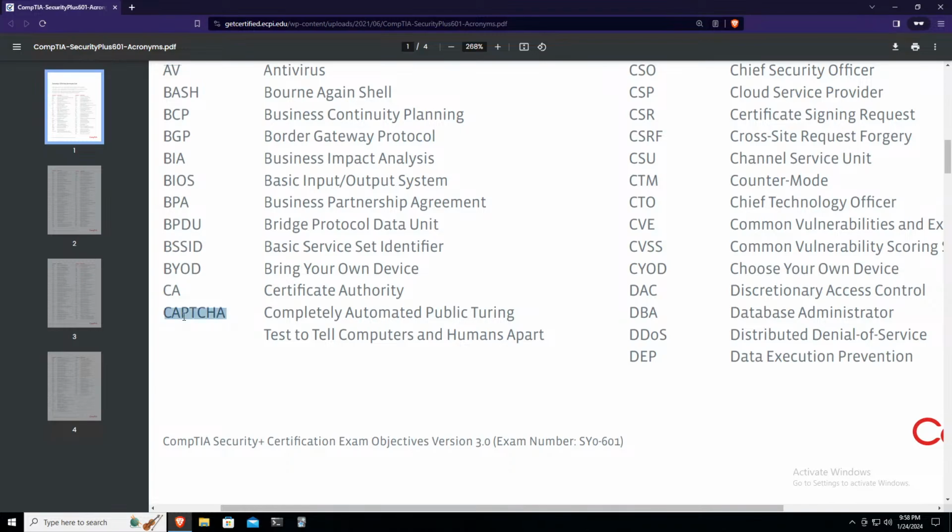CAPTCHA. So this one we're probably all familiar with. Type these letters out and prove you're human, right? We've seen these on websites to validate that you're not a robot.